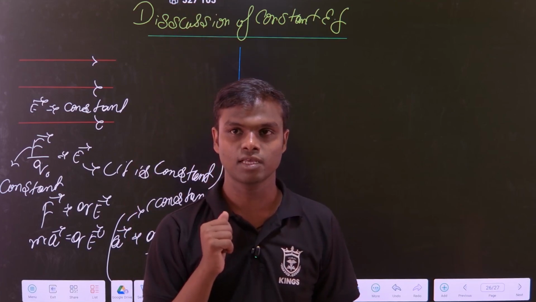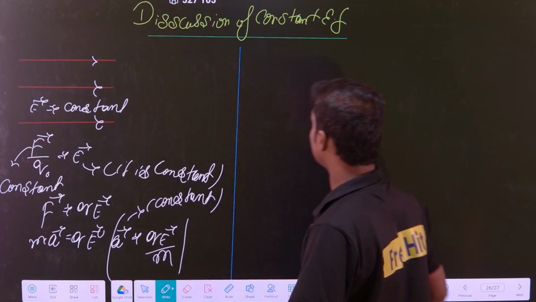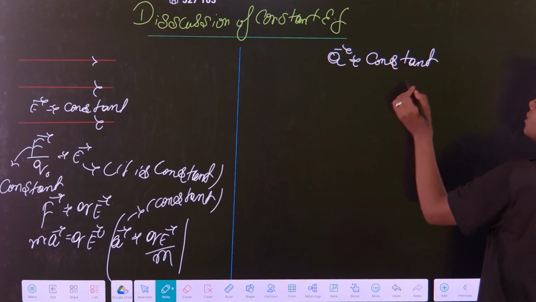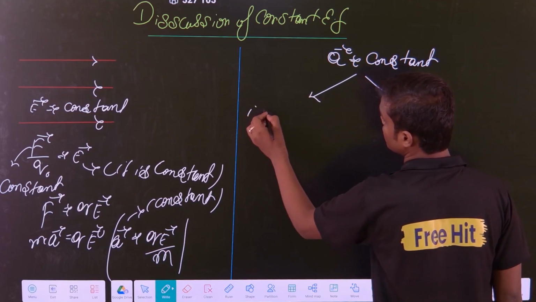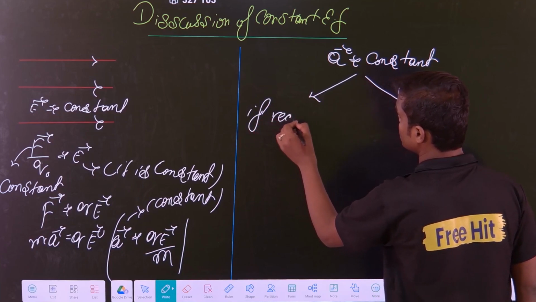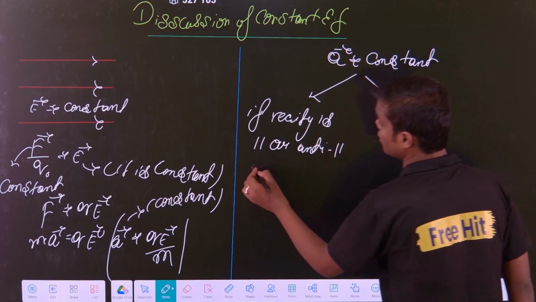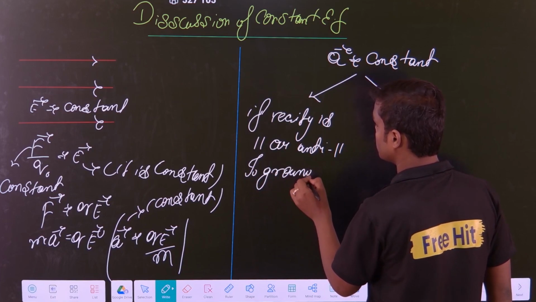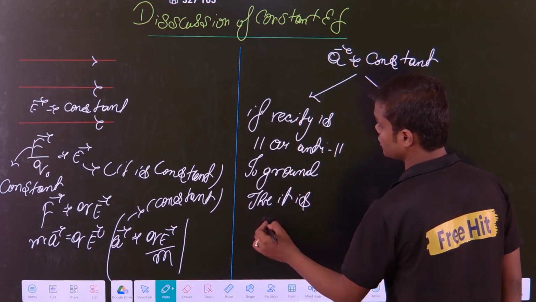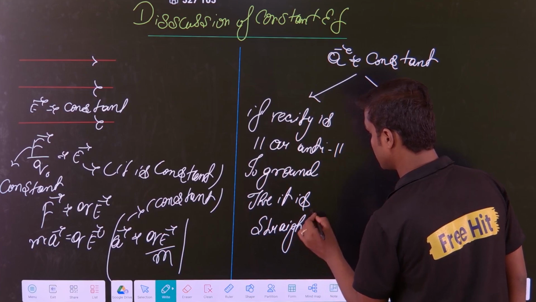So from here what do you understand? If someone says the acceleration is constant, there are two things we have to understand. If the velocity is parallel or anti-parallel to the acceleration, then the path will be a straight line.